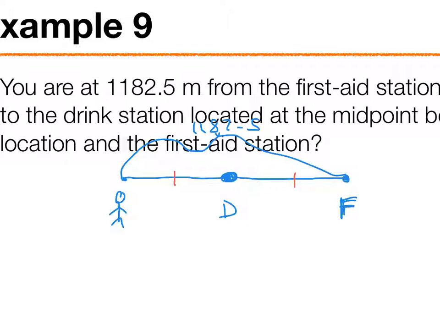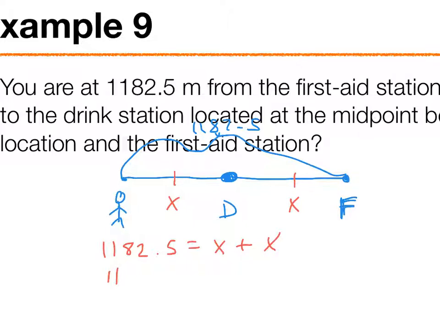So if we take from me to the drink station, we can call this x. It's congruent from the drink station to the first aid, so this would be x as well. So 1,182.5 is equal to x plus x.